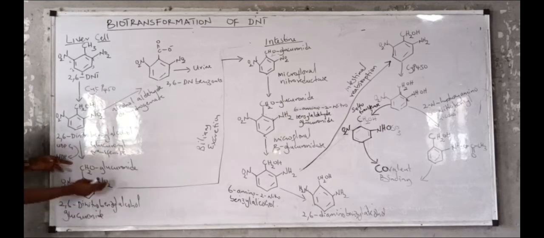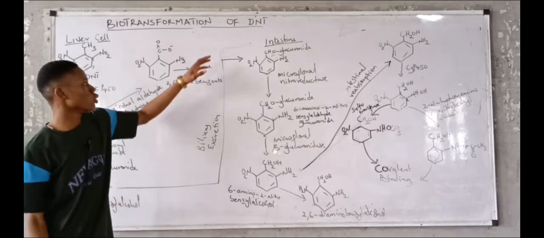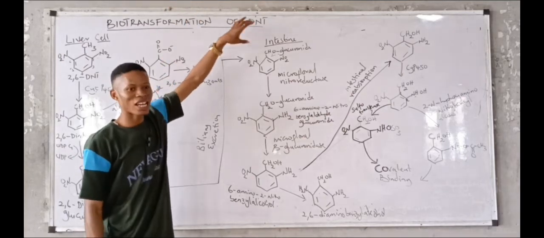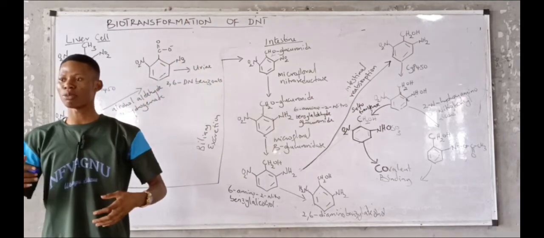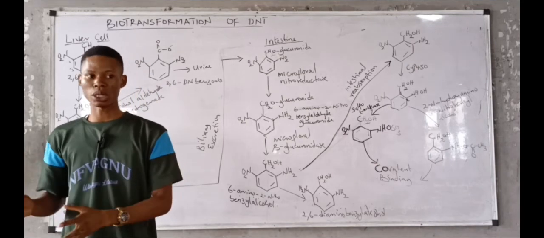Glucuronide. So glucuronide is attached here, and we have 2,6-dinitrobenzyl alcohol glucuronide. Now from here, we said this compound is transported through the bile to the intestine, and specifically the large intestine, because that is where majority of the microflora is in human beings.